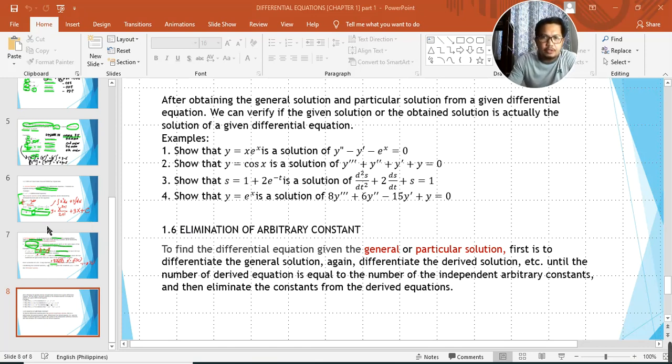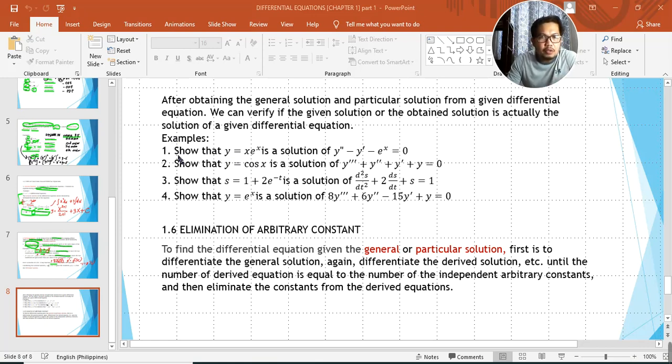So, paano ba yon? Kung meron tayong given na solution, we can verify that that solution is a solution to a differential equation. So, kumbaga, tingnan natin yung example.